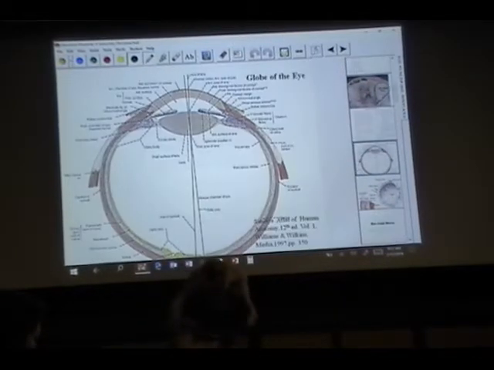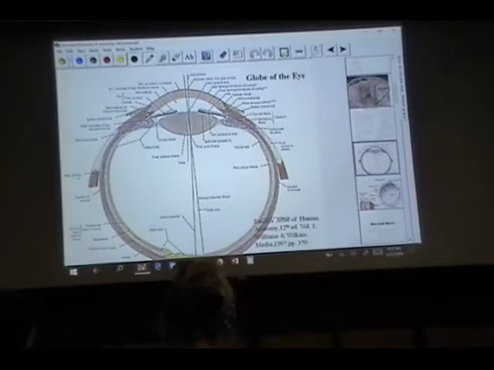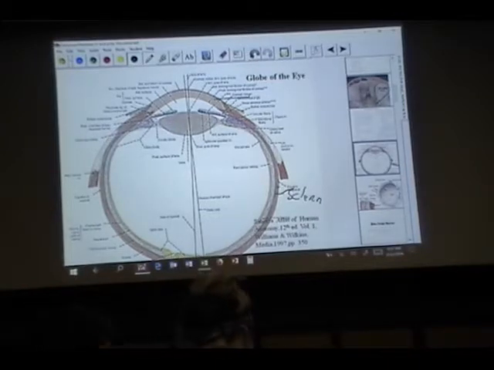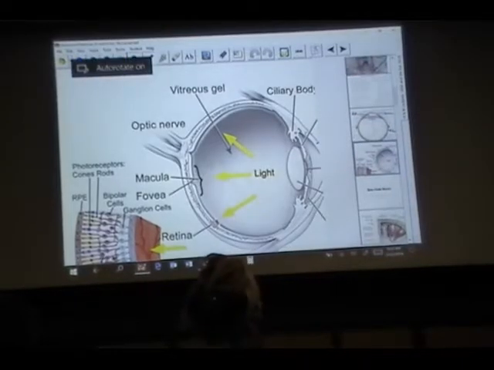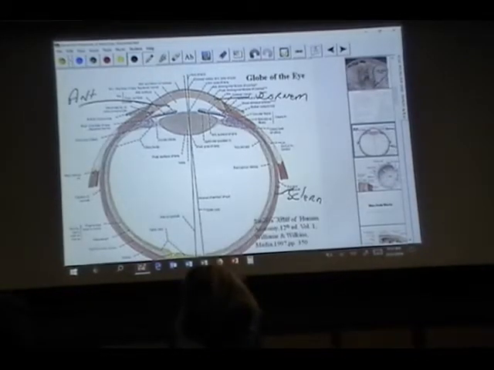All right, so here's the eyeball. Okay, so with our sclera, in this front portion, the cornea, and then we have this anterior chamber behind the cornea. Let's see if I can get this one right now. This anterior chamber is filled with a clear fluid.